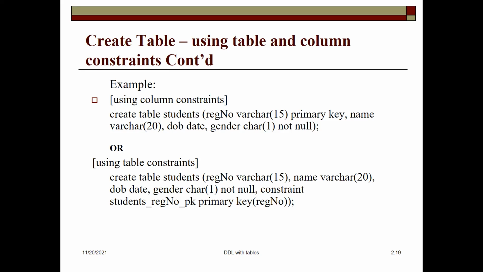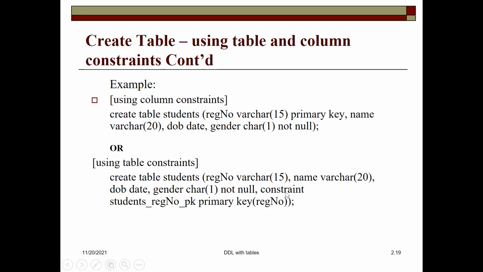Thank you very much. So if you look at this syntax, it has two constraints, the primary key constraint and the not null constraint. Now this is at the column level. Then at the table level, it is done at the extreme end. When you have listed all your columns, then you specify constraints.